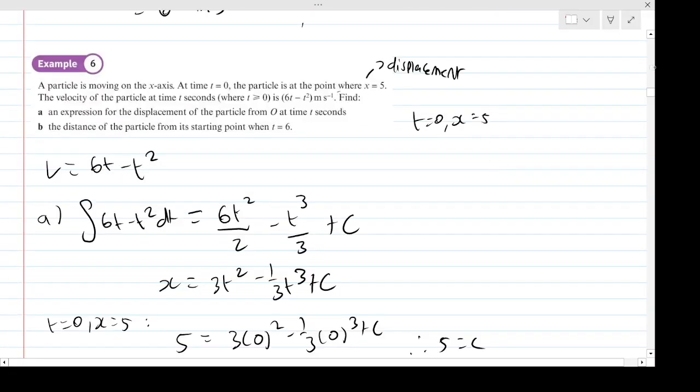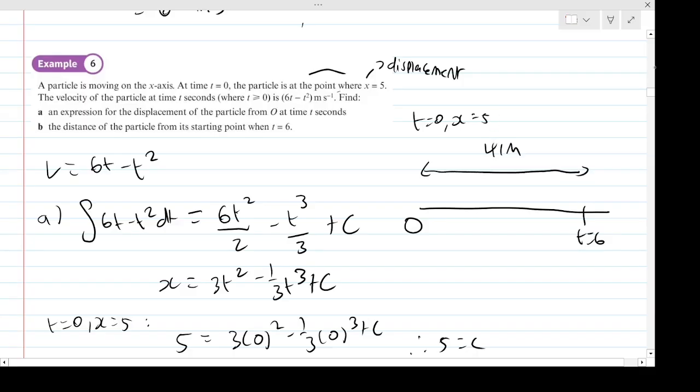If I draw a little diagram, what we've got going on is from the origin, when t is 6, all the way over here, the distance from the origin is 41 meters. But that's not from the starting point. Our starting point, remember, we're told initially the displacement is 5 meters.